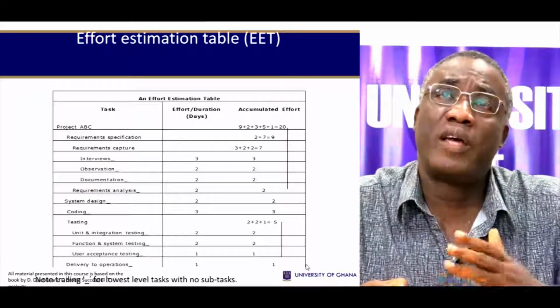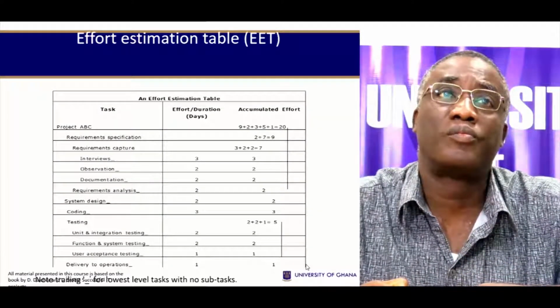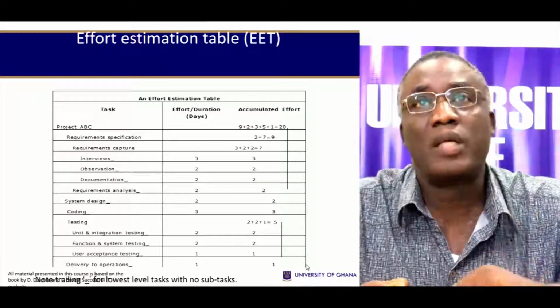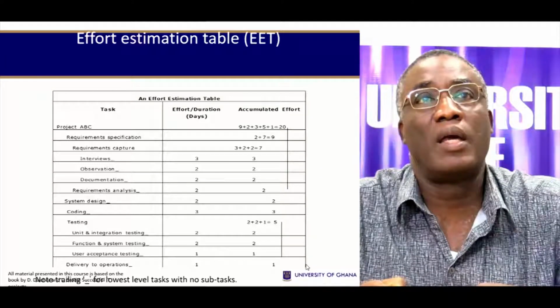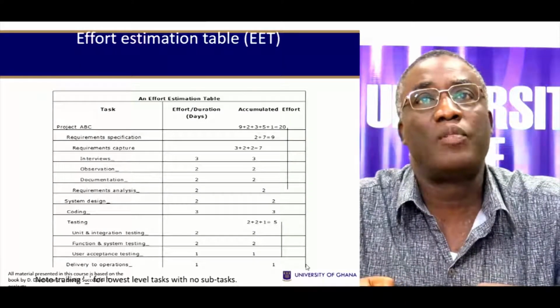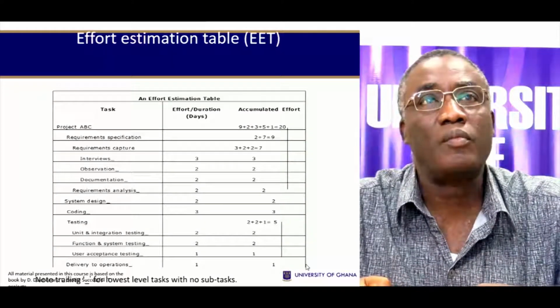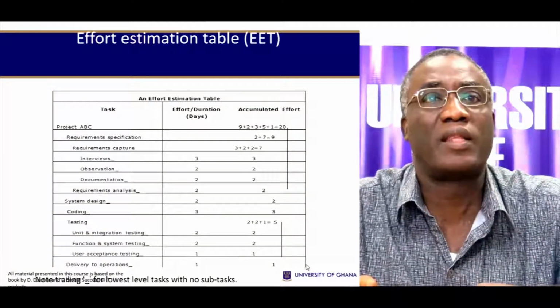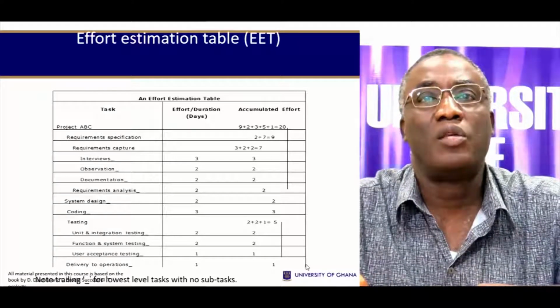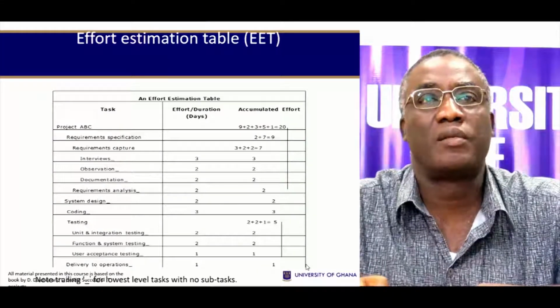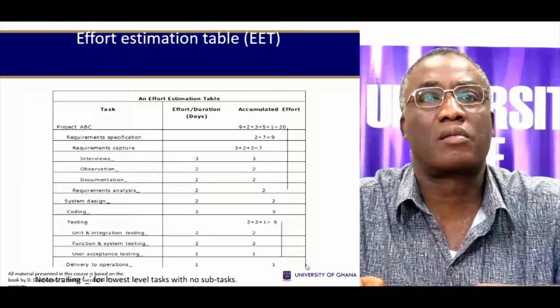An example of an effort estimation table. You have a project called ABC, and then for each of them, you have tasks that are associated with it. So you identify all the tasks that are associated with this project, and then you make an estimation of the effort required for each task.